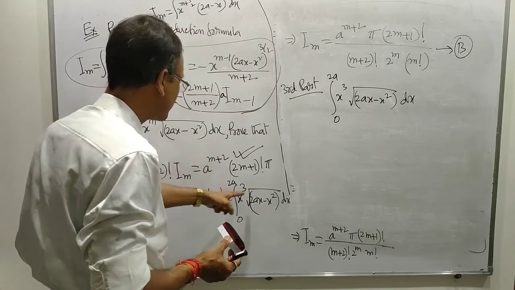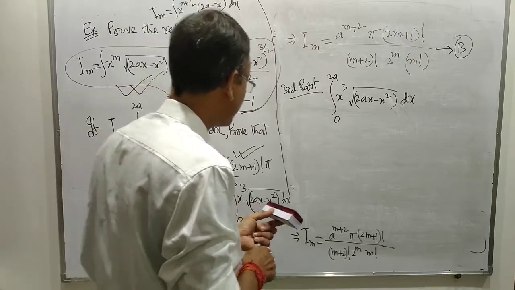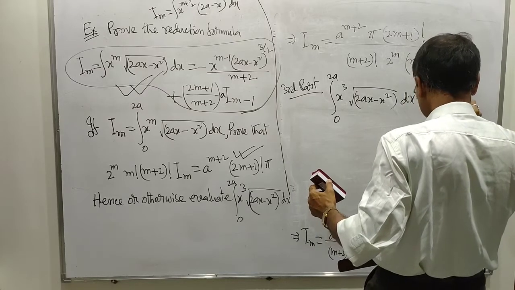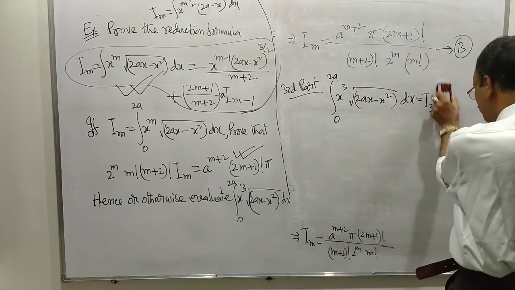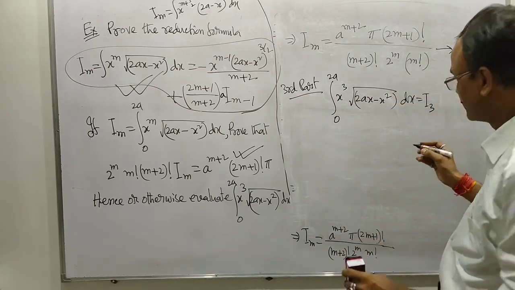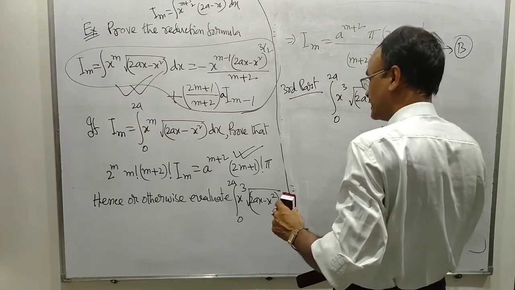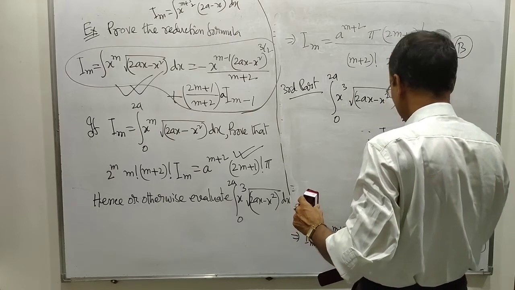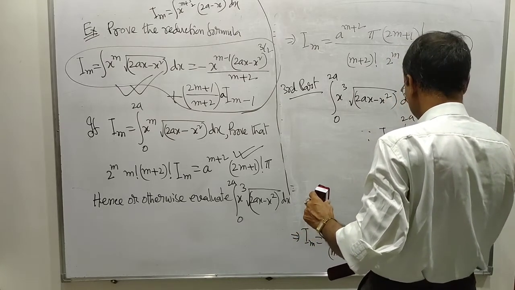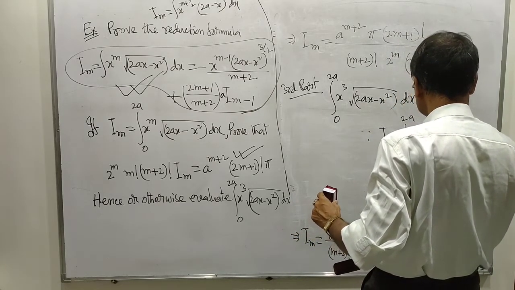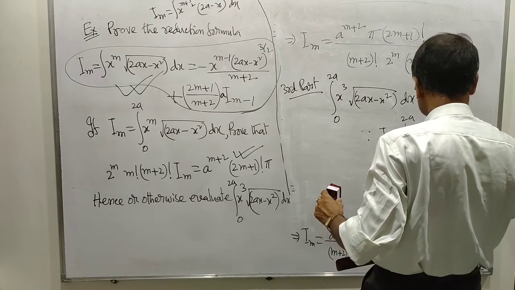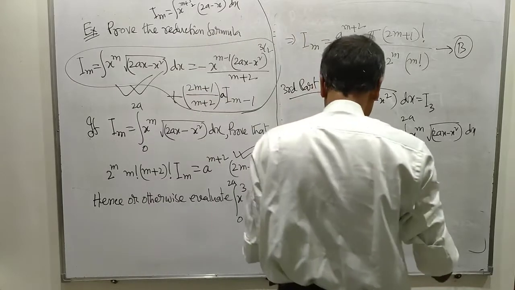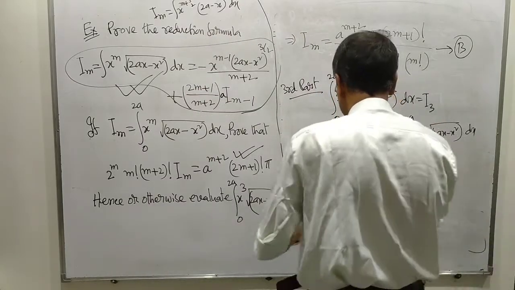Compare this with the second part. In place of m, it is 3. This is equal to I3. Because I is equal to integration 0 to twice a of x to the power m root over twice ax minus x square dx, therefore in place of m, it is 3. I3.